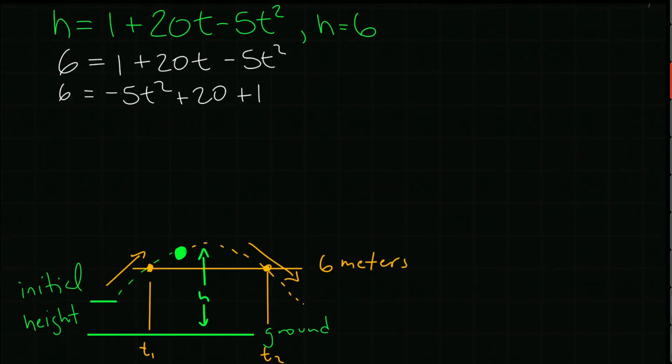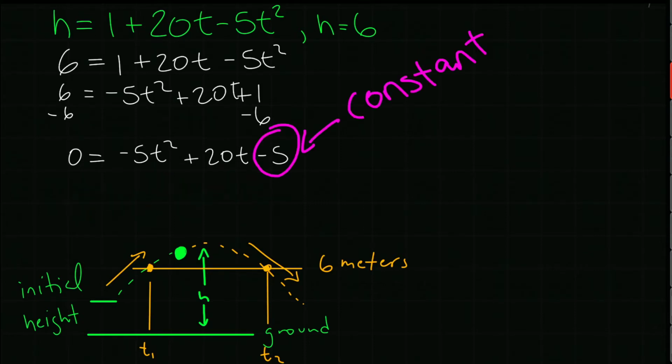The next step is to get rid of the 6 on the left side of the equation, because we need to have one side equal 0. So we subtract 6 from both sides. And that gives us 0 is equal to negative 5t squared plus 20t, and then 1 minus 6 is going to be negative 5. All of the coefficients and the constant are all divisible by 5.